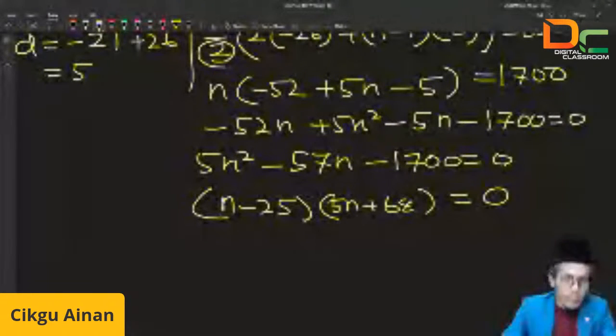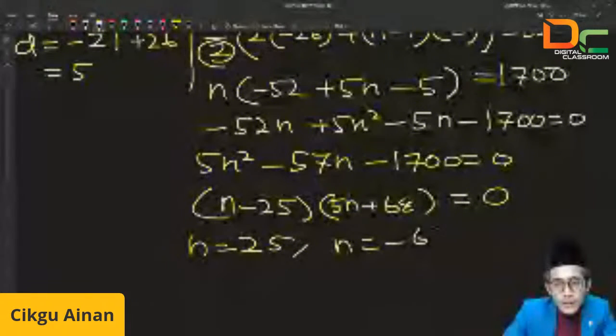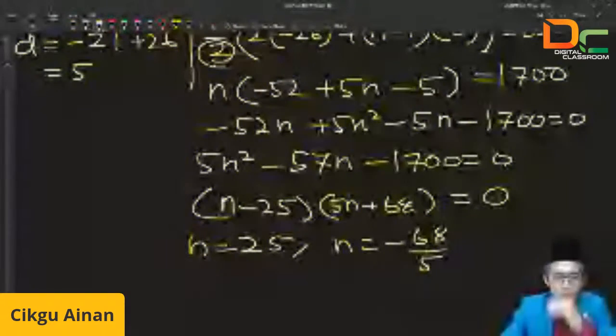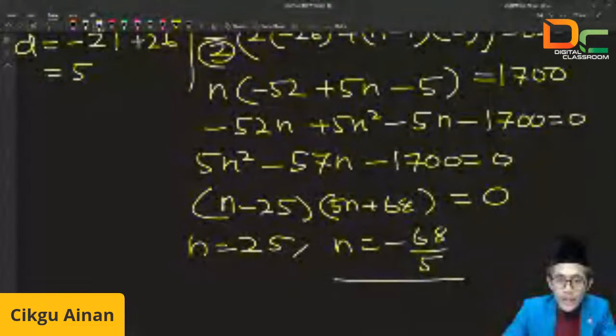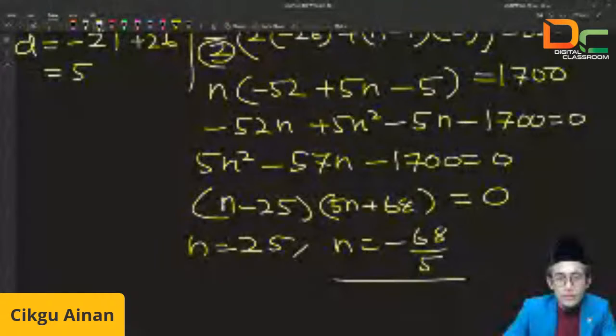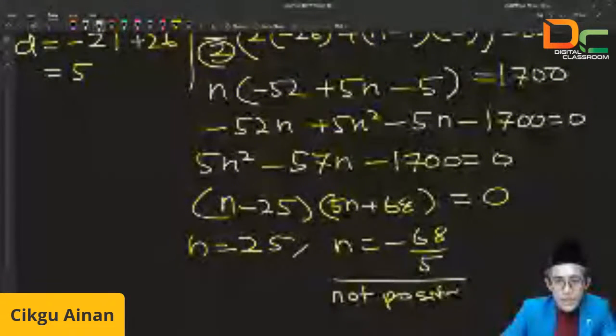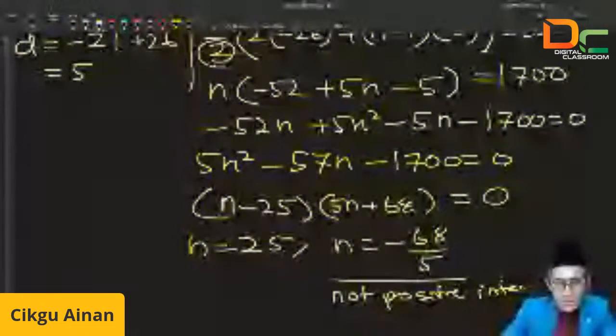So from here n equals 25, n equals minus 68 over 5. This one we can reject right away, because it is negative and as well as not an integer. It is not a positive integer.